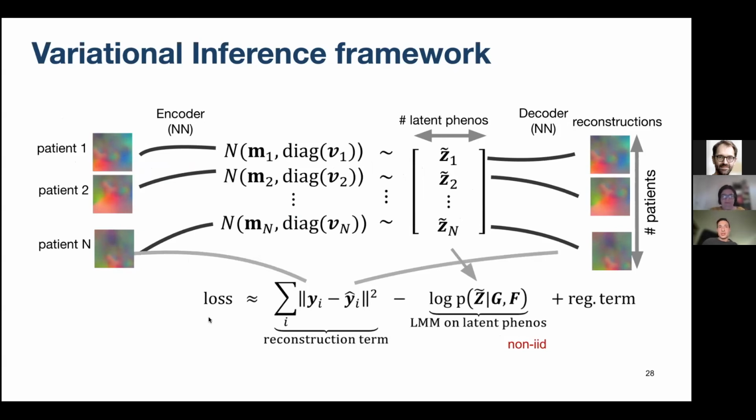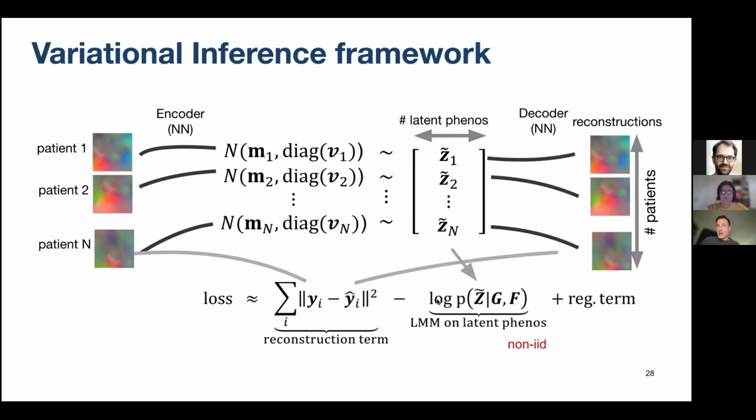The loss is given by mainly two terms, plus a regression term. The first term is a reconstruction loss, where we want to minimize the loss of information between the reconstructions and the original data through the encoding-decoding process.